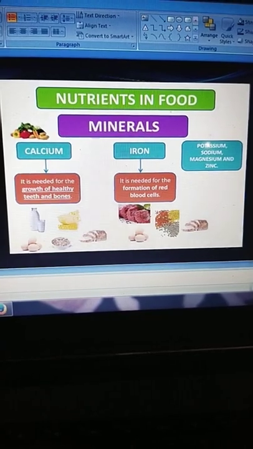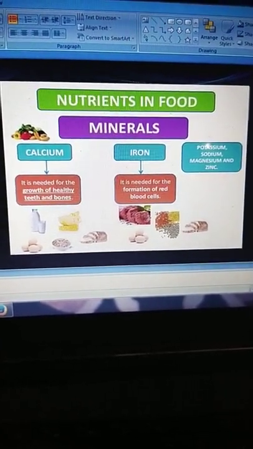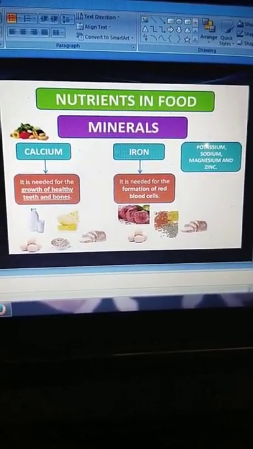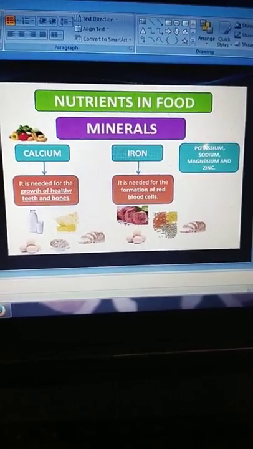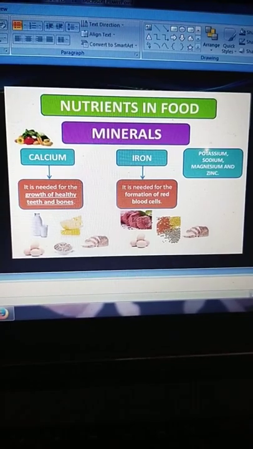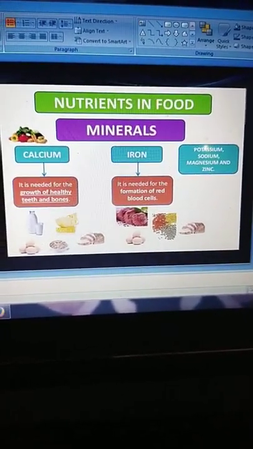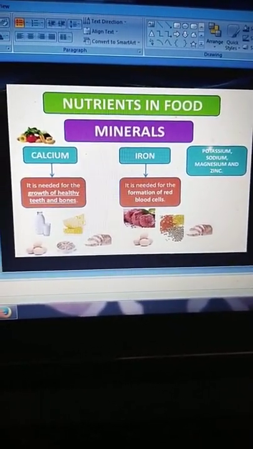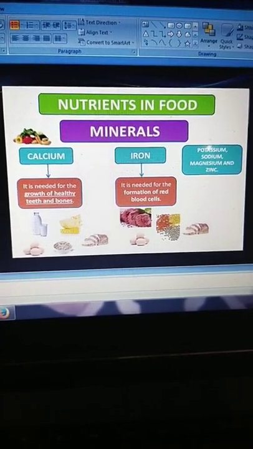For the growth of healthy teeth and bones, we need calcium. For the formation of red blood cells, we need iron. So, these are some of the nutrients which we need to put into our body to get a healthy body.